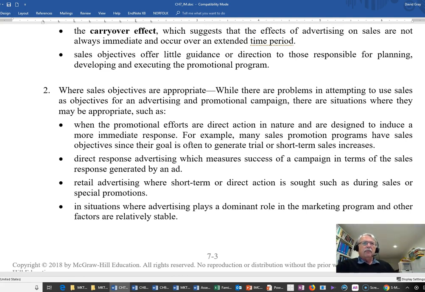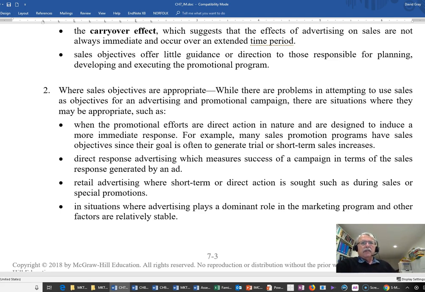Okay, so we know that sales objectives are appropriate if, for example, you are running a direct marketing program and you can say, well, I want to increase sales over the next 3 months. I'm going to run a direct marketing program targeted to a specific group of customers. That's fine. Then I think you can link advertising with sales.